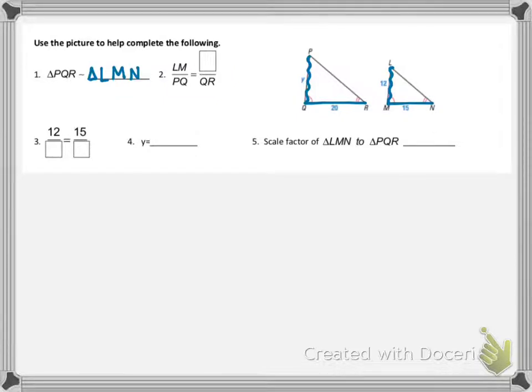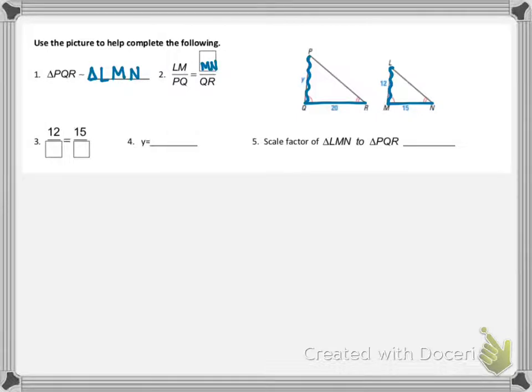So I'm going to need MN up here on top. Notice LM and PQ are corresponding, so they go on top of each other. MN and QR are corresponding, so they go on top of each other. LM and MN are from the same triangle, so they're across from each other. PQ and QR are from the same triangle, so they're across from each other.